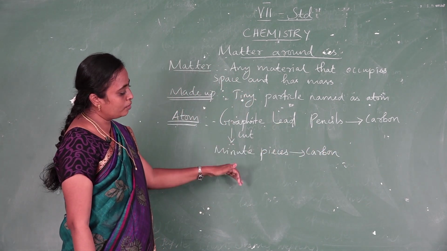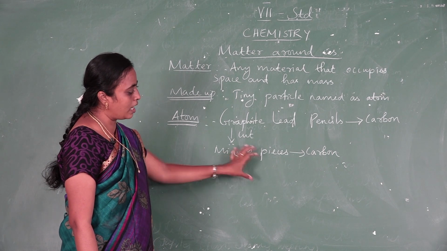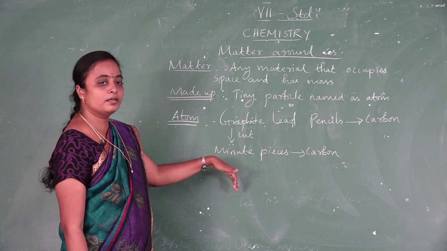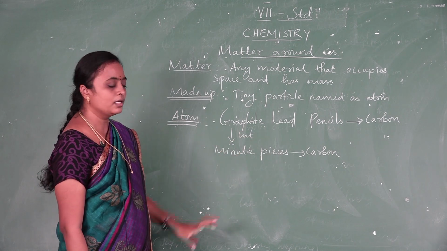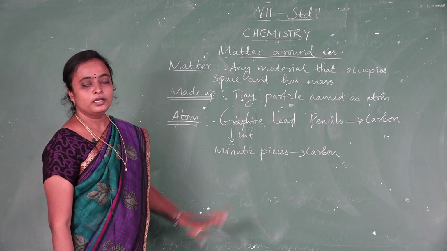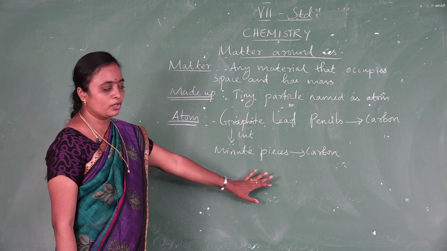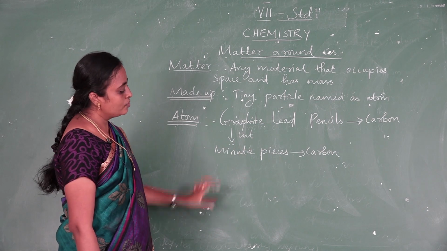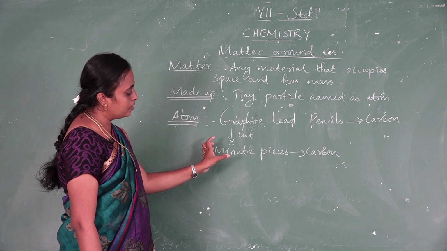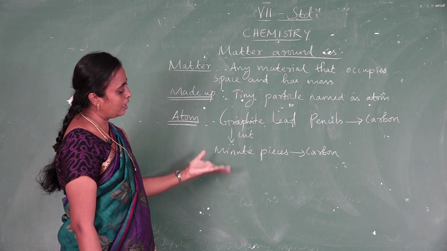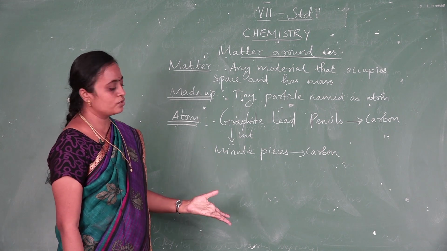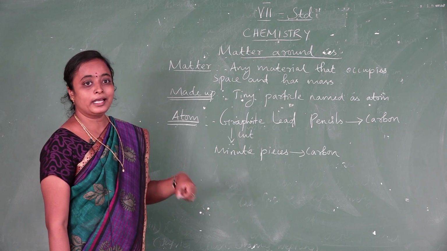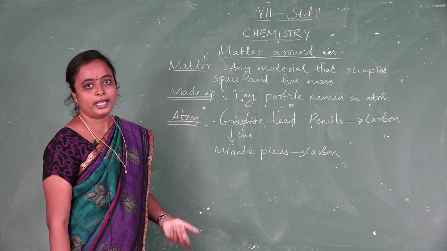Again, if you cut these minute carbon pieces, you get other small pieces that still show the properties of carbon, because the element present in graphite is carbon. So even if you take a very large object and cut it, the small pieces exhibit the properties of the element.